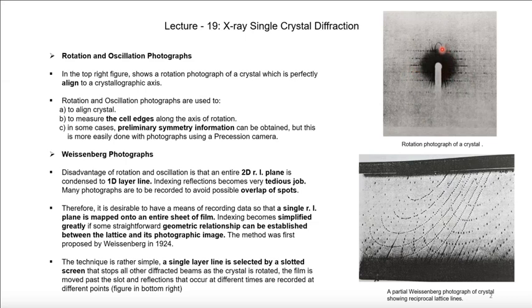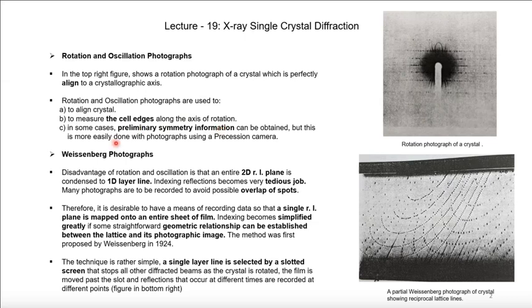When you get this photograph, what can we get from it? First of all, how the alignment of the crystal has been done. Second, we can measure the cell edges along the axis of rotation, and third, the preliminary symmetry information. That's what we can get.